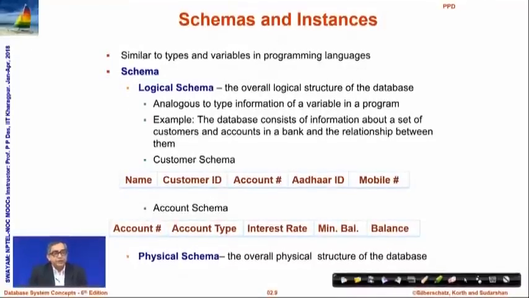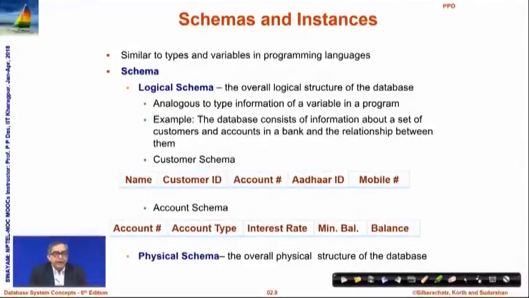Whereas, when we talk about the schema of an account that the customer holds with a bank, we need the account number, account type, interest rate, minimum balance, the current balance and so on. These are the fields of information that we need, and we need to know the type of every such field, and that kind of information forms the schema information.